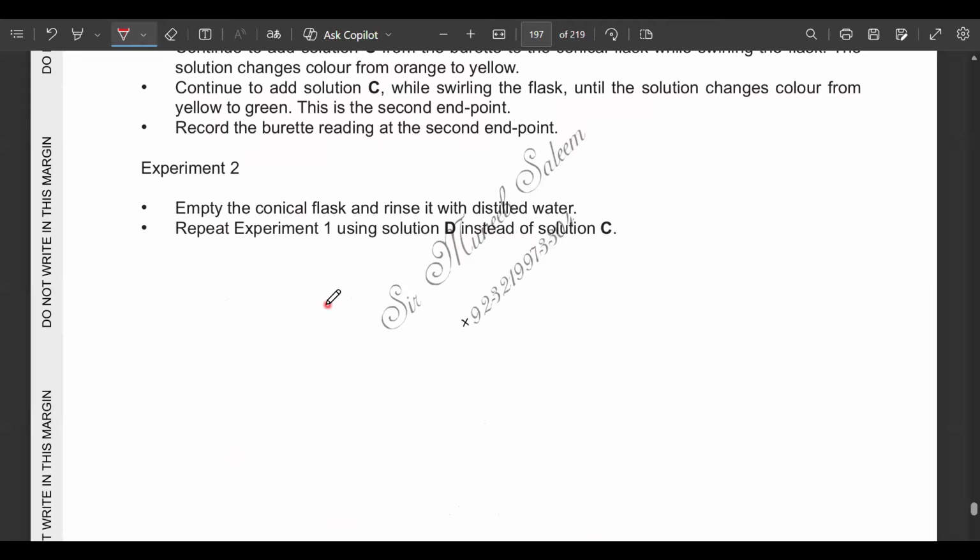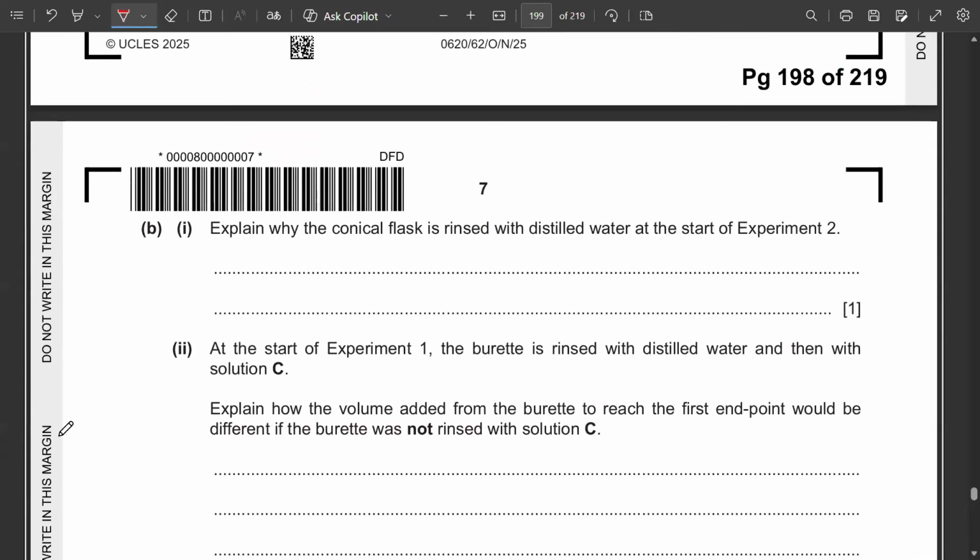So that's why we rinse to clean that. So you write here, you can say to remove impurities or to clean it. That's why you are rinsing with distilled water.